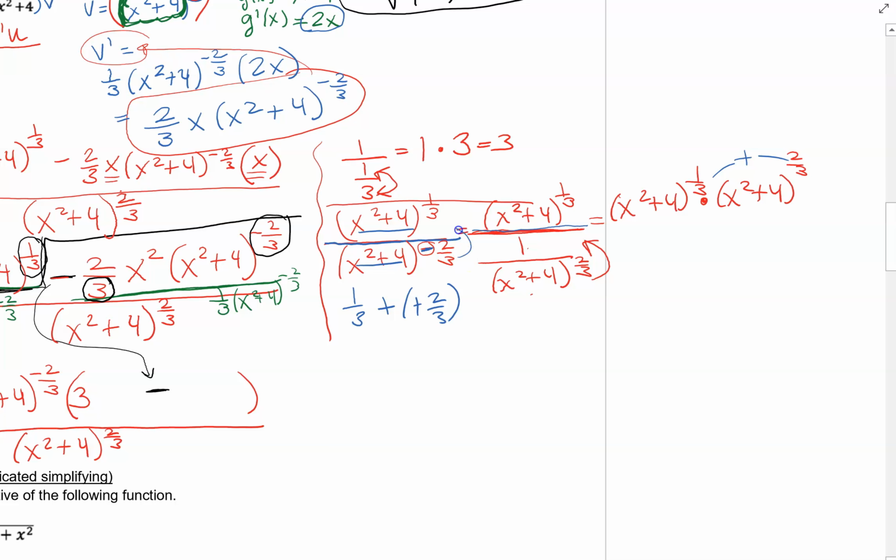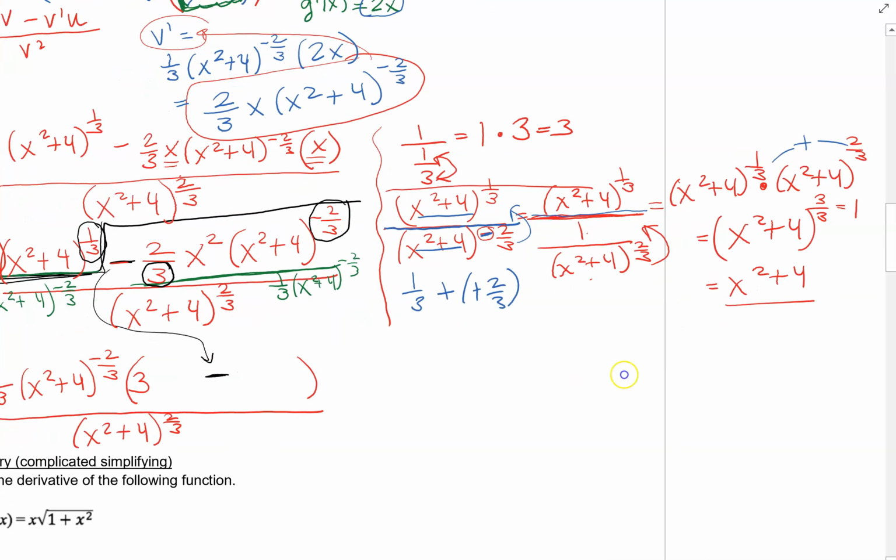This negative power ends up flipping up to the numerator as a positive power, and then I end up adding those powers together. Okay, so then this ends up being x squared plus 4 to the power of 3 over 3, which is 1. So that's just x squared plus 4. So that worked out nicely again.